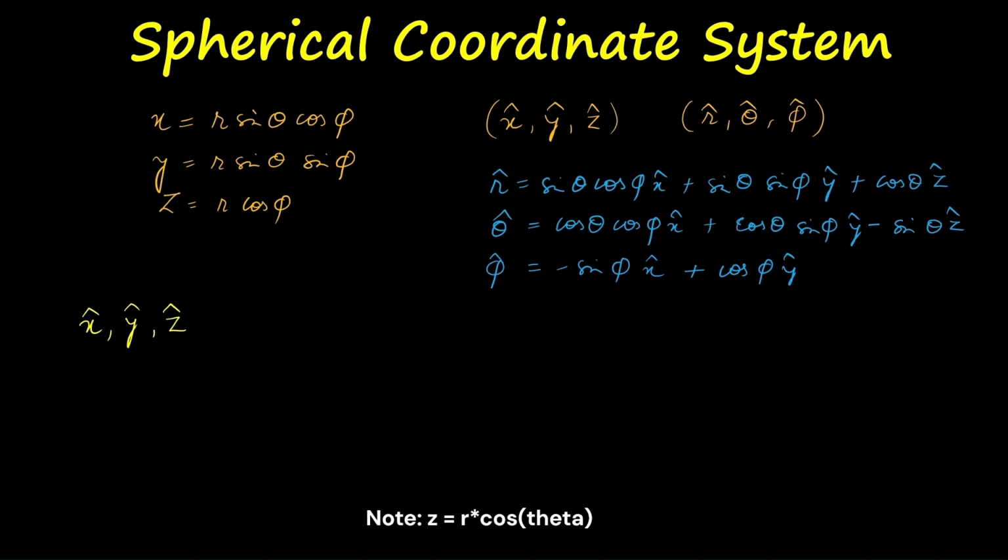But in the case of spherical coordinate system, you can see from this relation that r cap depends on theta and phi, and theta cap also depends on theta and phi, and phi cap also depends on theta and phi. So as we change the value of theta and phi, the three unit vectors' directions will also be changing.